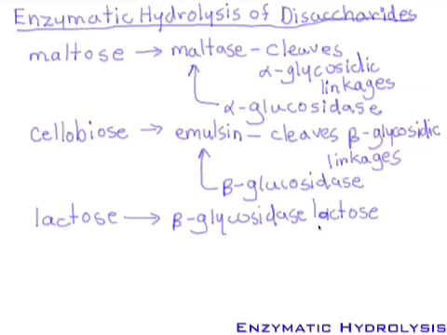Now, what kind of linkage is in lactose? Lactose has a beta 1,4 linkage from a galactose. So this must be a beta-galactosidase because it's breaking down a beta-galactose linkage. Right.